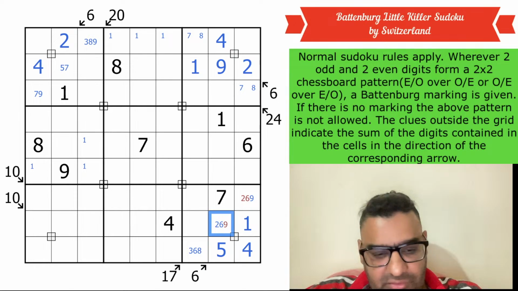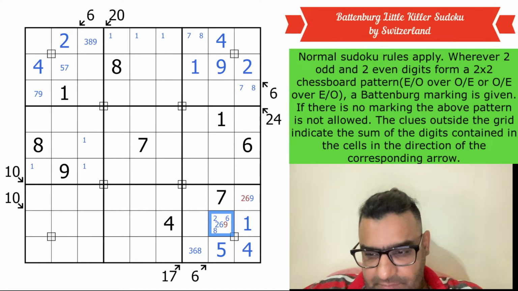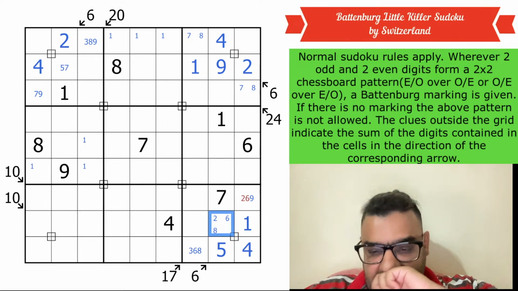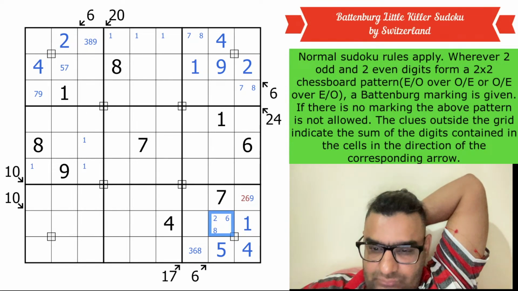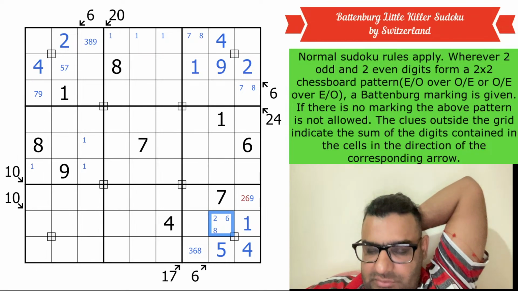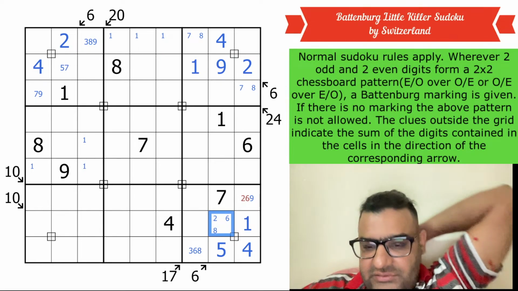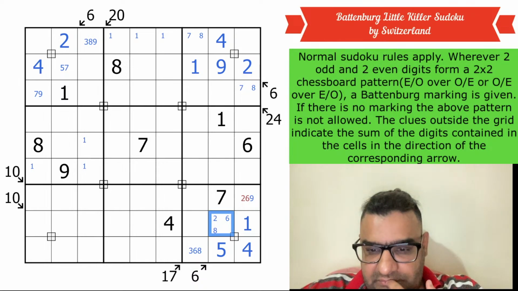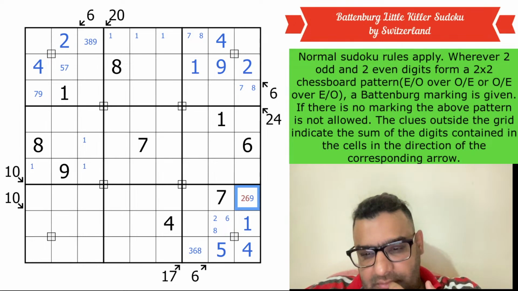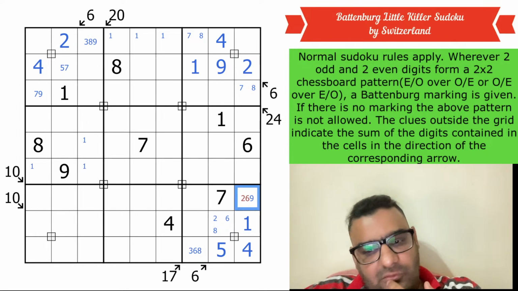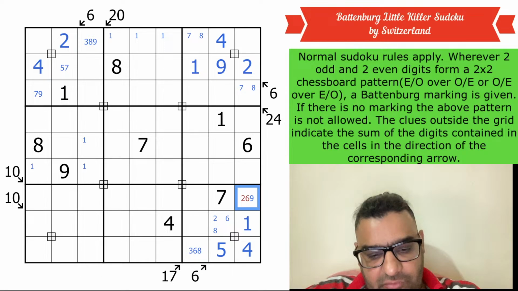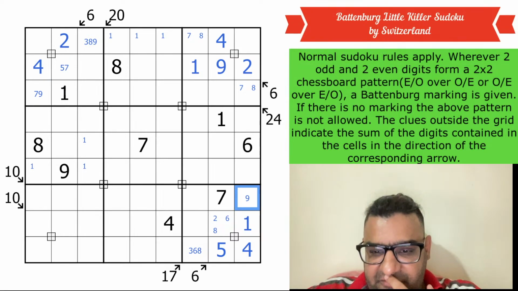So this number is going to be either 6 or 8, because these are odds and these are evens. 6 cannot be here and 2 cannot be here. So if we remove 2 and 6, it can have 8 here and 3 here.